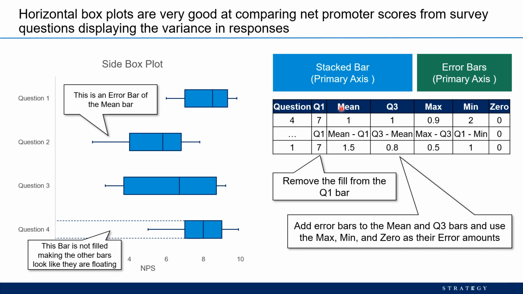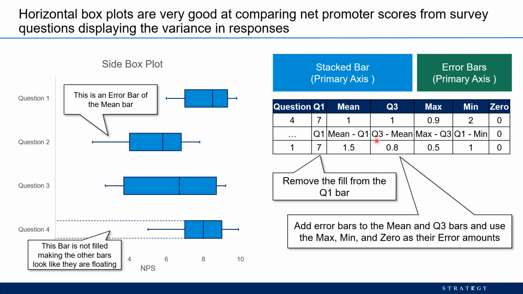Then for our third column, we want to get the mean, and what we want to do is draw a second stacked bar from here to here. So we're going to take the difference between the mean and the first quartile, and that's going to get us the second stacked bar. Finally, to get the third stacked bar, we're going to do a similar thing where we just want the difference between the mean and the third quartile.